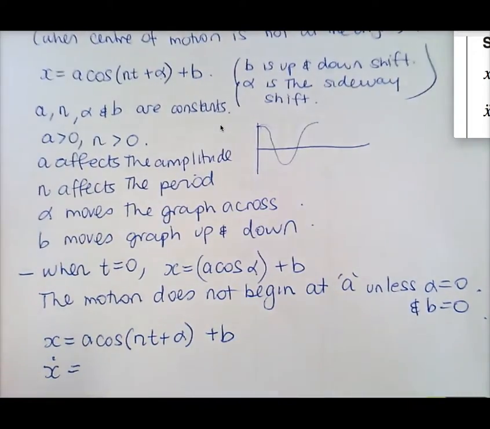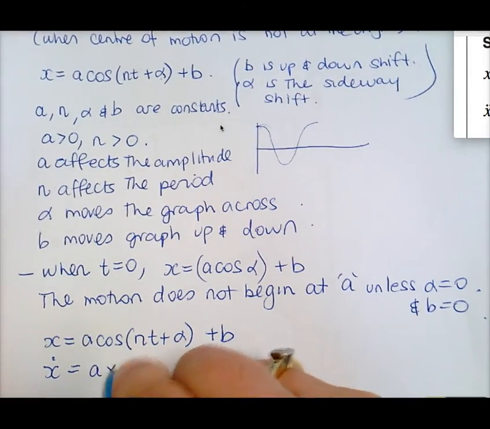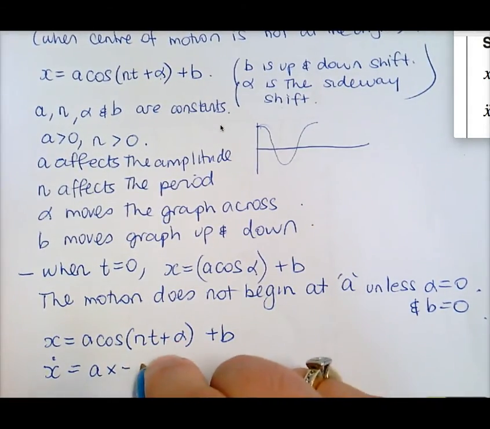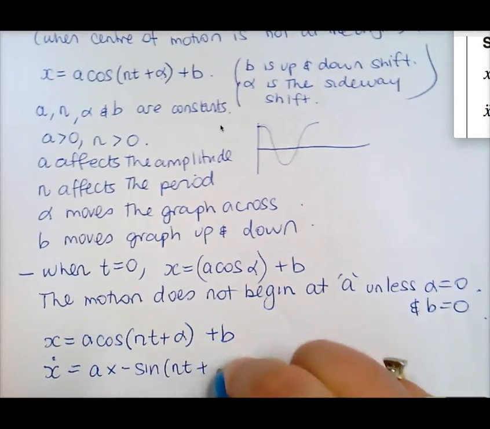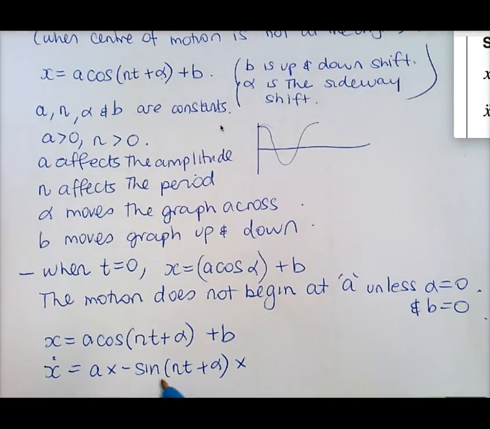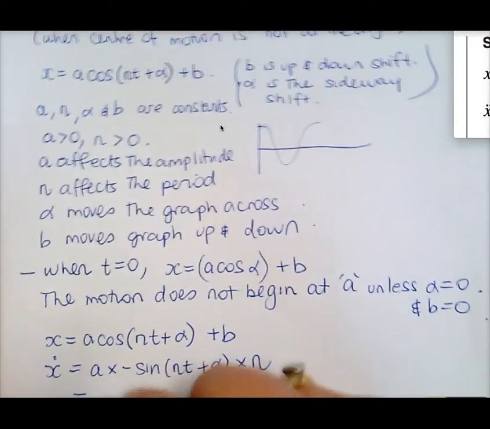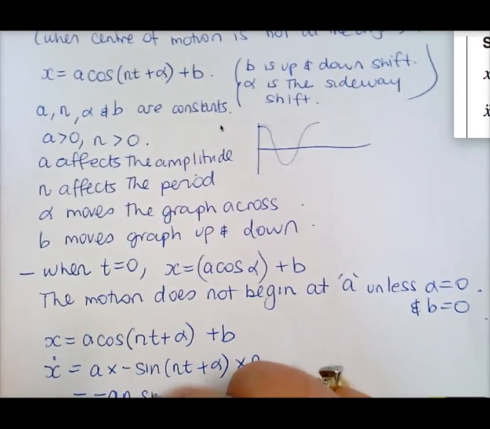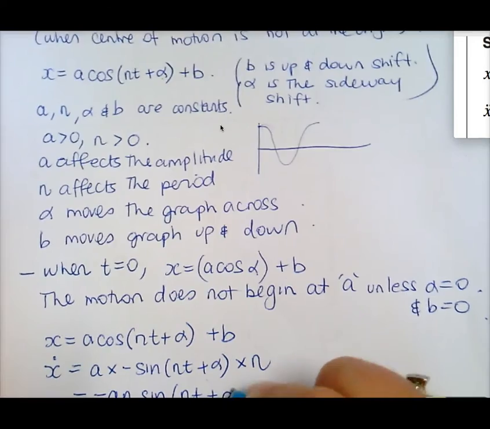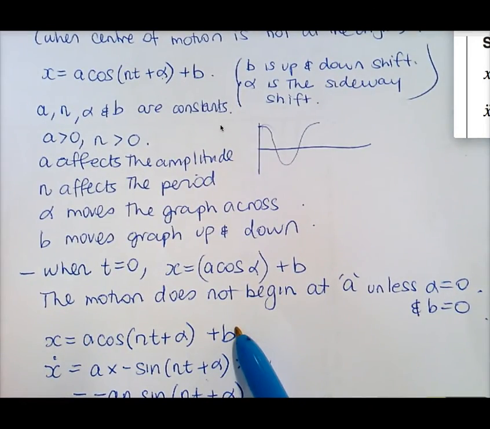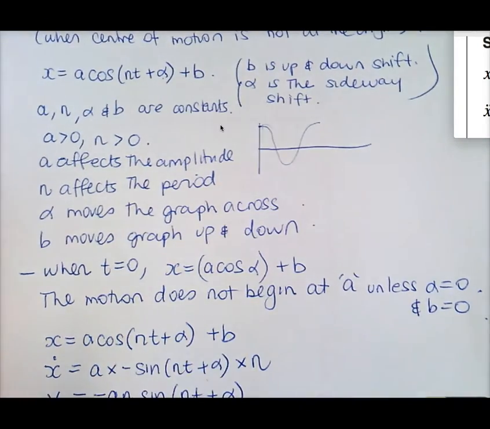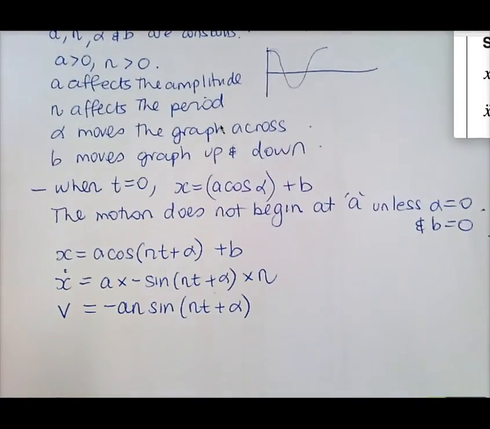It's a times negative sine nt plus alpha, times the derivative of the inside. Alpha's a constant, remember, so times n. So it's negative an sine nt plus alpha. When you differentiate b, you get 0, it's a constant. So that's what velocity is. That's what we had before, the only difference is the plus alpha.